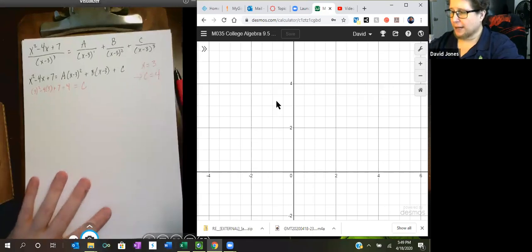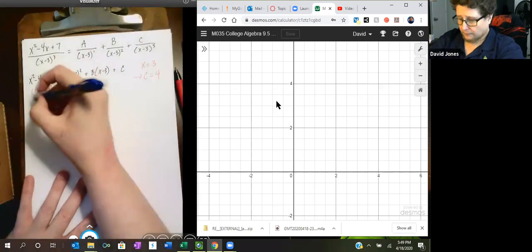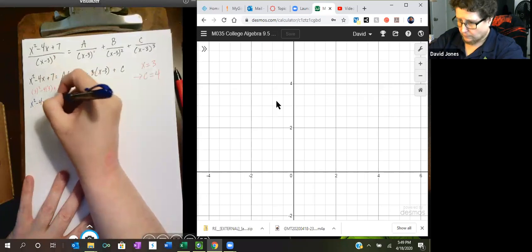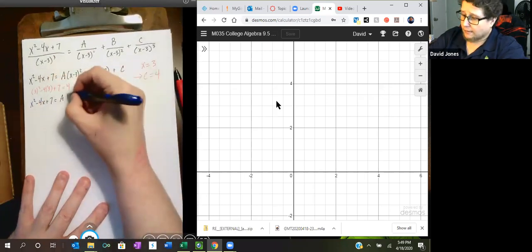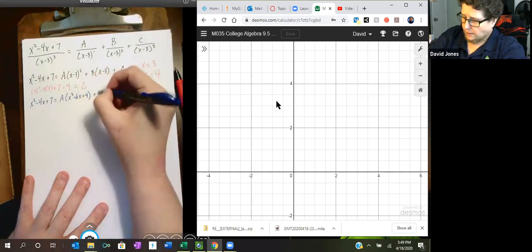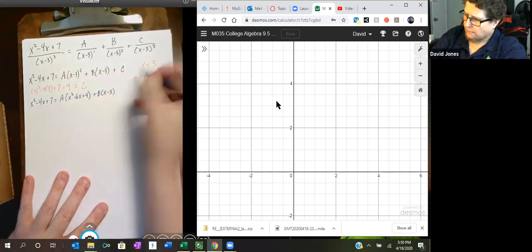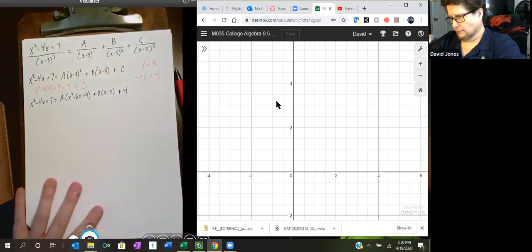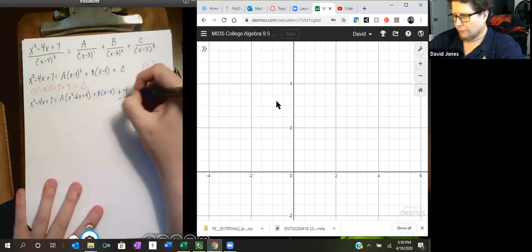Now I'm going to have to expand it out because there's nothing else I can plug in that'll zero it out. I can at least put the 4 in. And I can even subtract 4 from both sides.